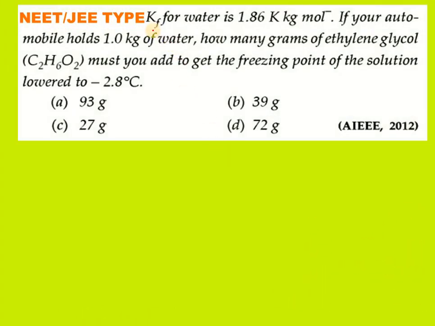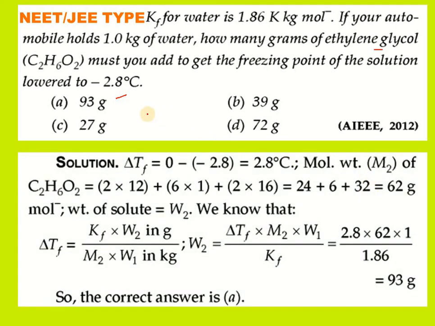Next question. Kf for water is 1.86 Kelvin kilogram per mole. If your automobile holds 1 kilogram of water, how many grams of ethylene glycol, that is C2H6O2, must you add to get the freezing point of the solution lowered to minus 2.8 degrees? So it is a ΔTf calculation only.